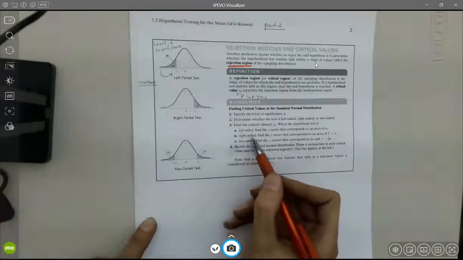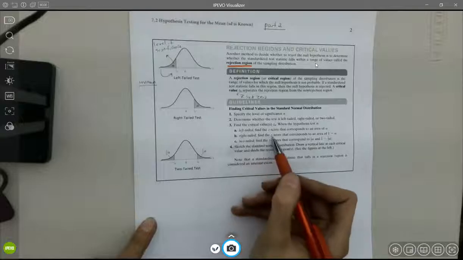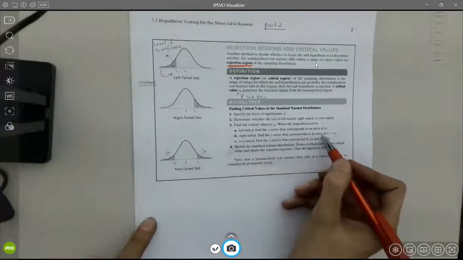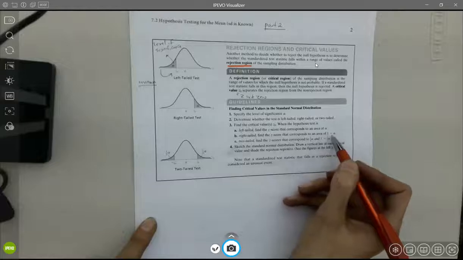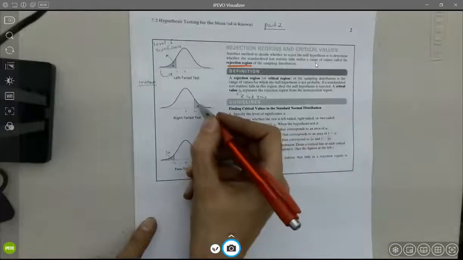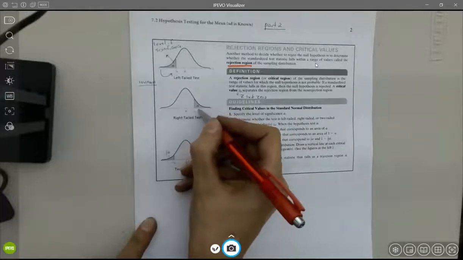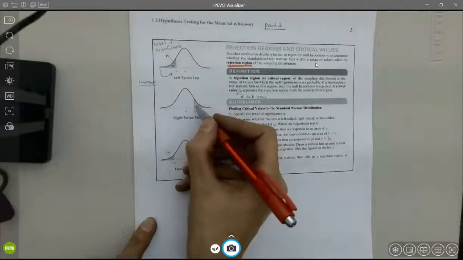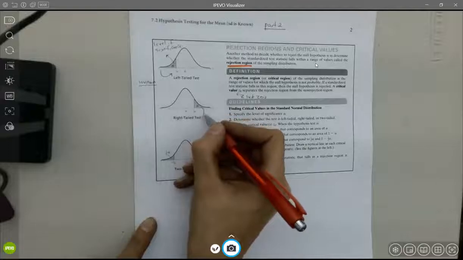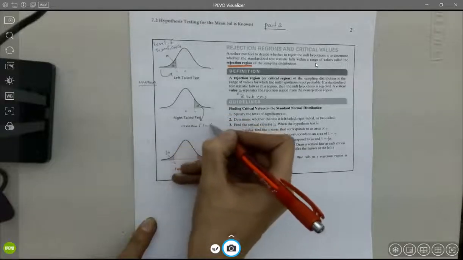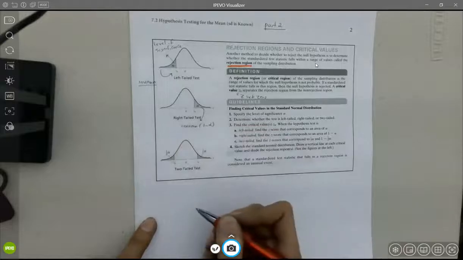If you have a right-tailed graph, find the z-score that corresponds to the area of 1 minus alpha. So if you have a right-tailed test to find ZC and alpha is given to you, you use inverse norm for 1 minus alpha.